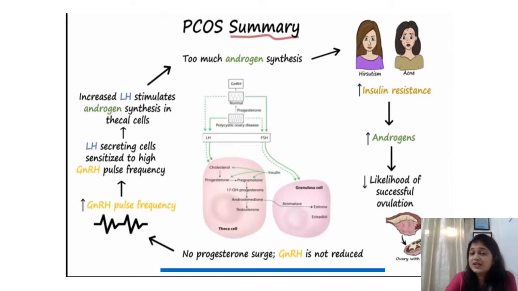The increase in androgens is responsible for causing hirsutism and acne in the patients, further increasing the insulin resistance in the individual. Insulin again stimulates the adrenal cortex to cause an increase in androgens, and the increase in androgens further reduces the likelihood of ovulation occurring.